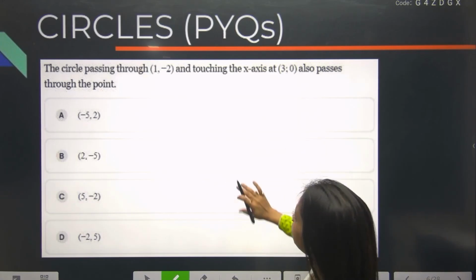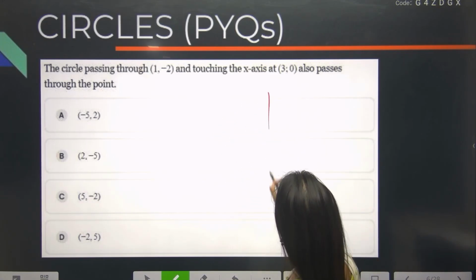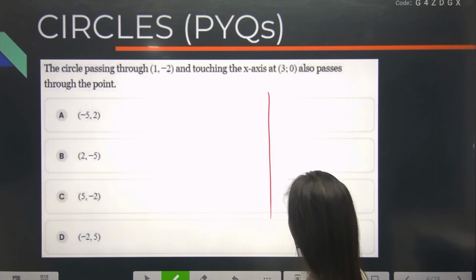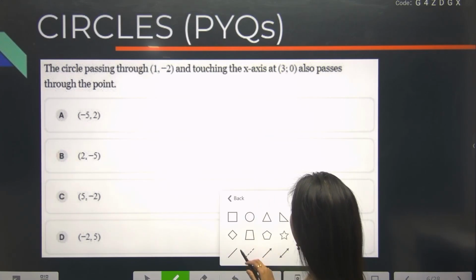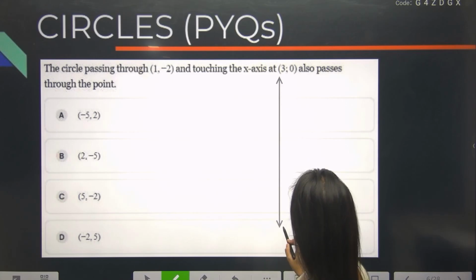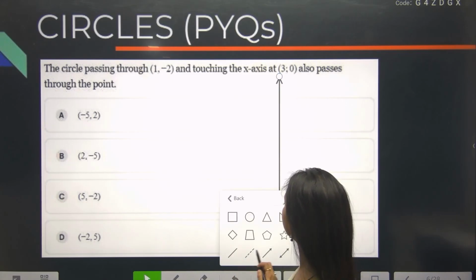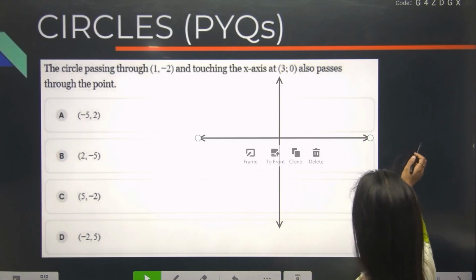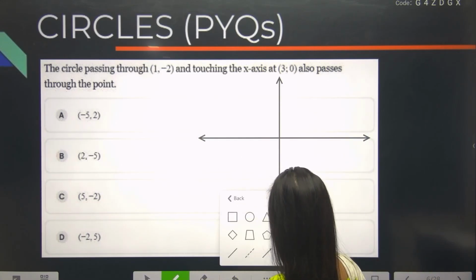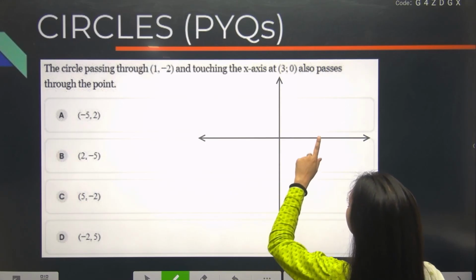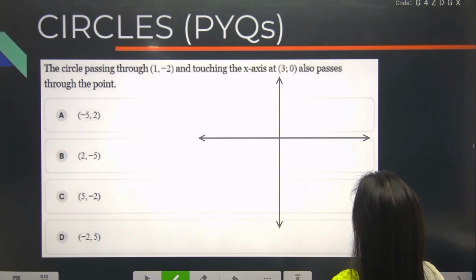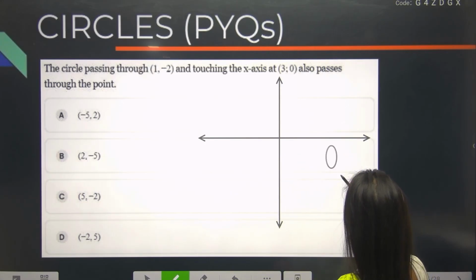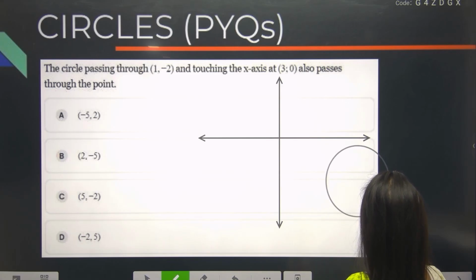It says that it passes through this and touches the x-axis. So I think it must be of this form. This is the x-axis, y-axis. So the circle must be, now that is 1 and minus 2, so maybe something like that.